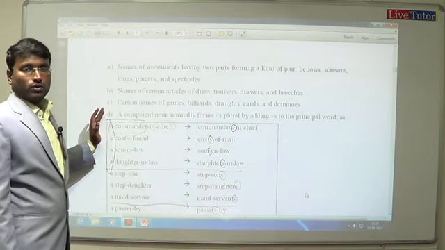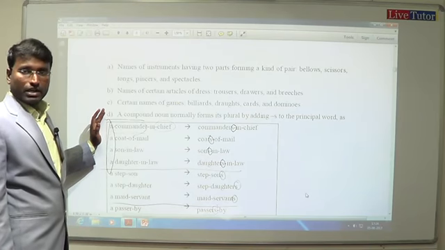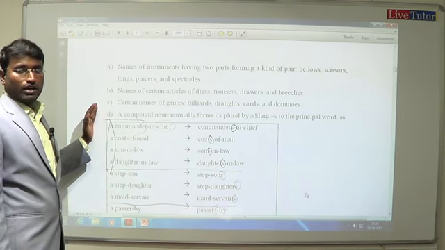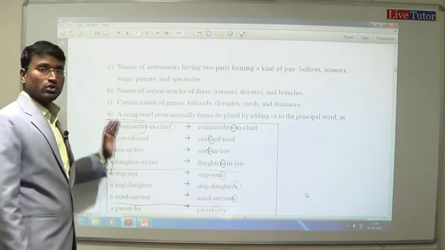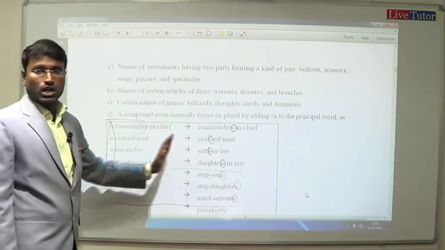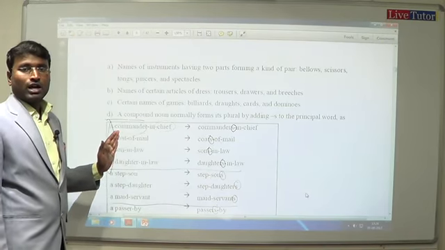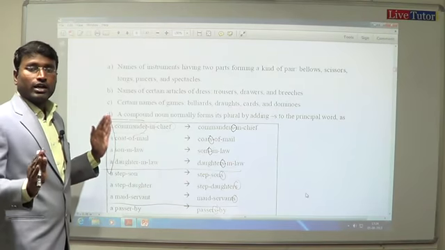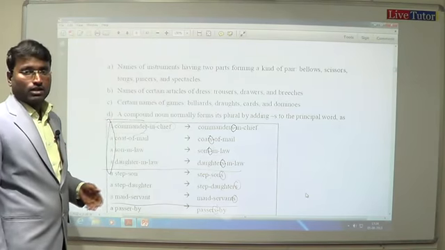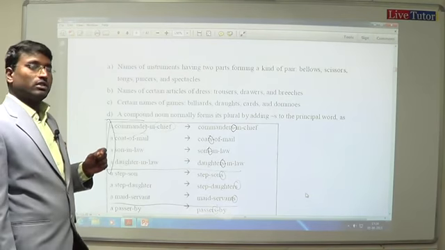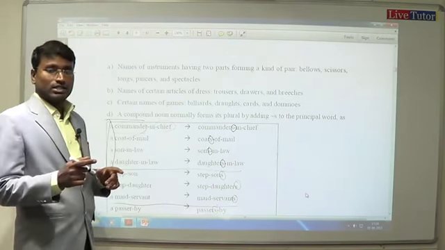Okay, there are two types: one is the definite article and another is the indefinite article. You will find the absence of the indefinite article when things are changed from singular to plural. A and an are called indefinite articles, and the definite article is, of course, the. And on some occasions you pronounce the word the as "thee".